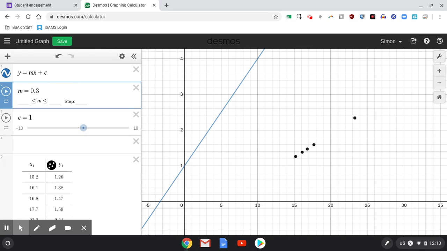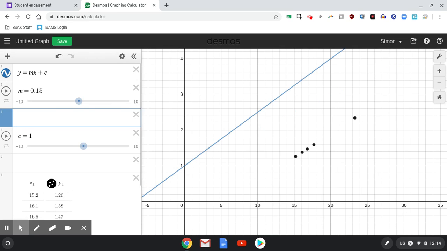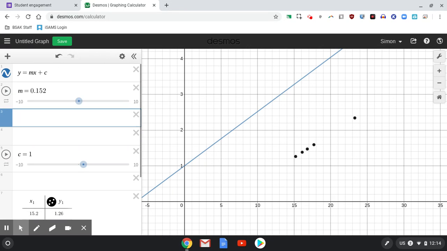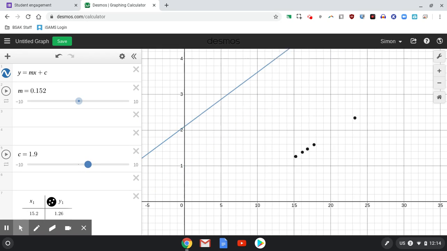So I'm going to have to key it in by hand, aren't I? So 0.2, that looks too much, so it's between 0.1 and 0.2. Right, now let's change the c value to get the line close. The slider's okay, but the slider is definitely limited.